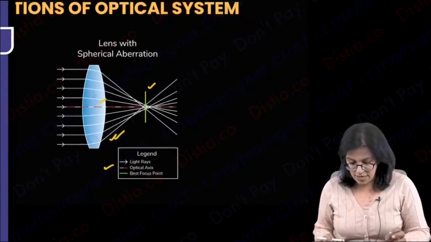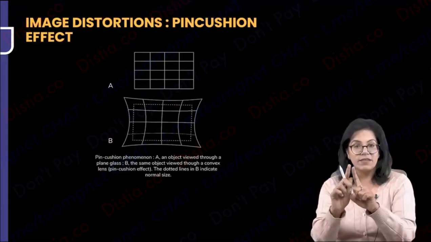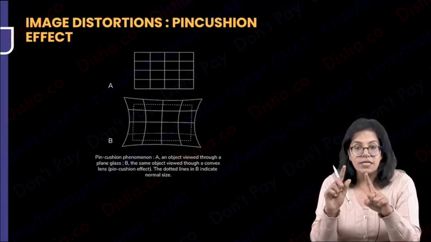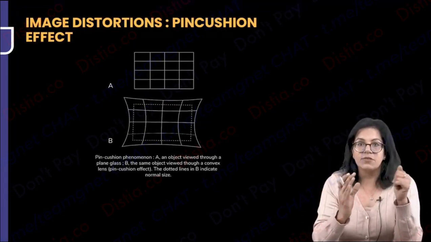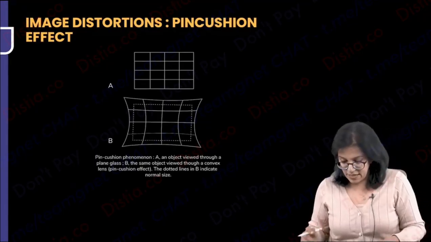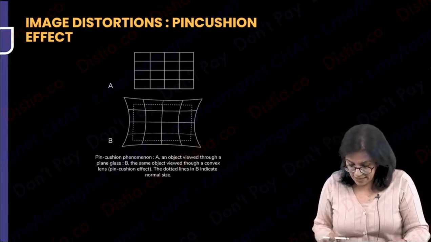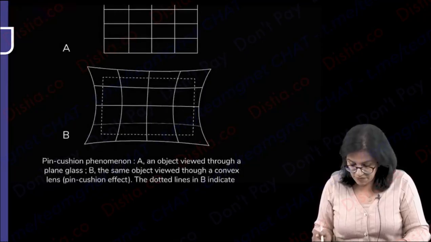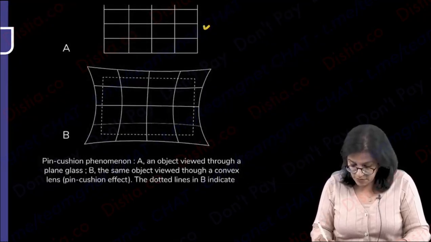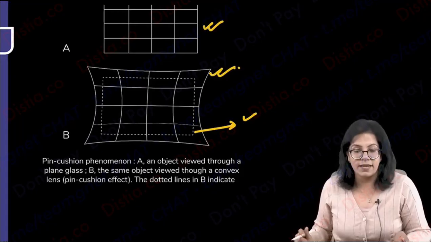Because of this too much bending in spherical aberration, the patient is not able to see straight. Everything is curved for him. For example, if you look here, this is what is called pin cushion effect, where normally this was the square which should have looked like this, but it is looking like this due to the spherical aberration.